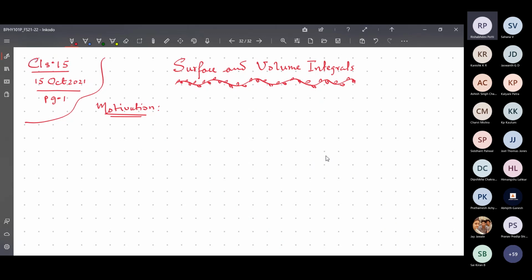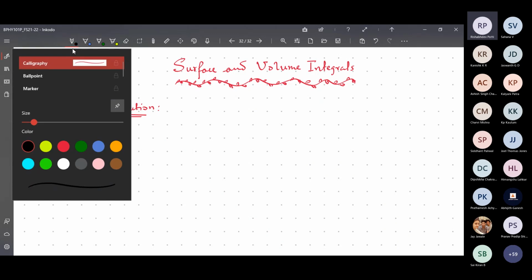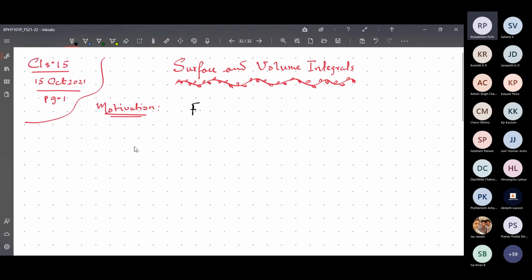So the motivation, I'll start it from the fundamental theorem of calculus. The fundamental theorem of calculus has many versions and probably you have heard of it. Let me write down the statement and probably you can recognize it.